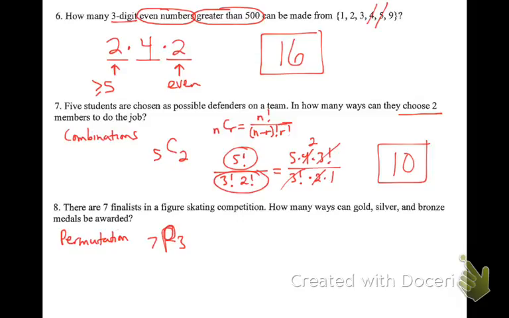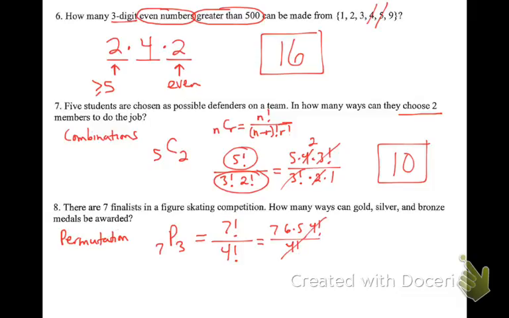7P3. So it's going to essentially be 7 factorial over 4 factorial, which is 7 times 6 times 5 times 4 factorial over 4 factorial.